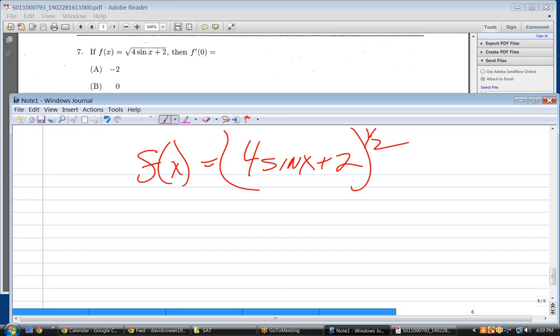So that's going to be 1/2 times 4 sine x plus 2 to the negative 1/2, times the derivative of the inside. You just took the derivative of the outside, but we have to apply the chain rule. And that'd be cosine.